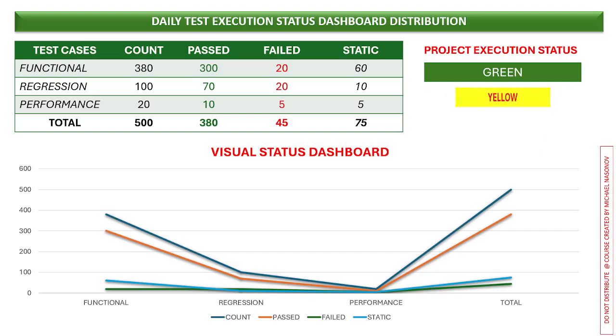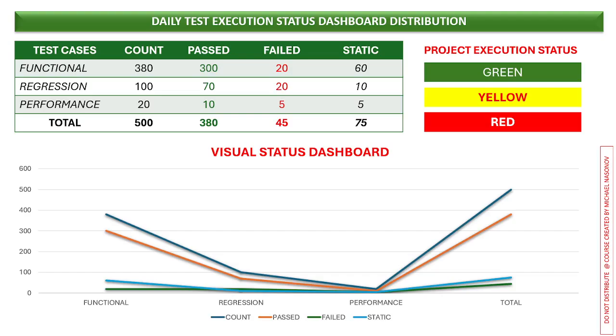Yellow, which means there are some issues, however you can overcome them, for example, some major defects or testing environment problems, and you are stuck. And red, which means the project is practically no go, you cannot continue your testing activities, like unresolvable defects are blocking the way.